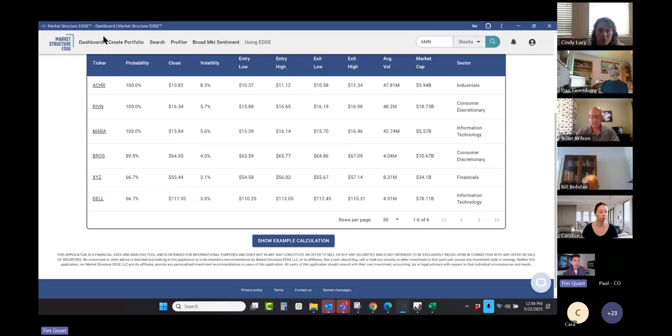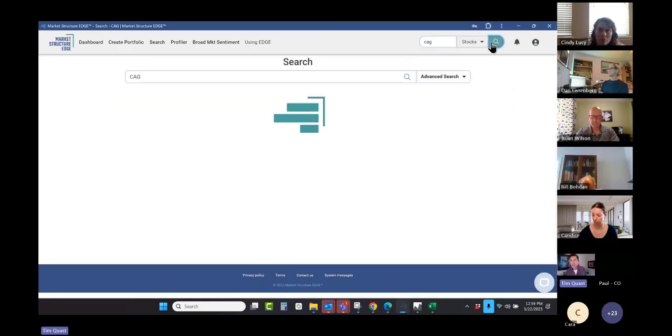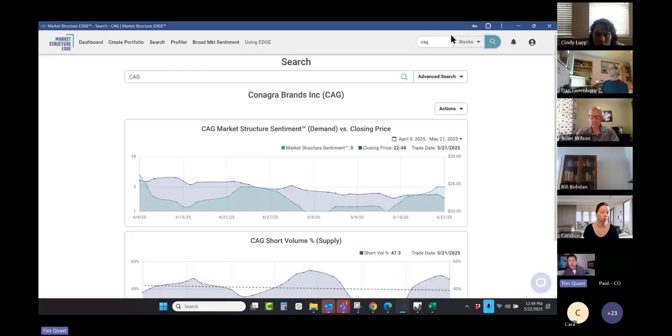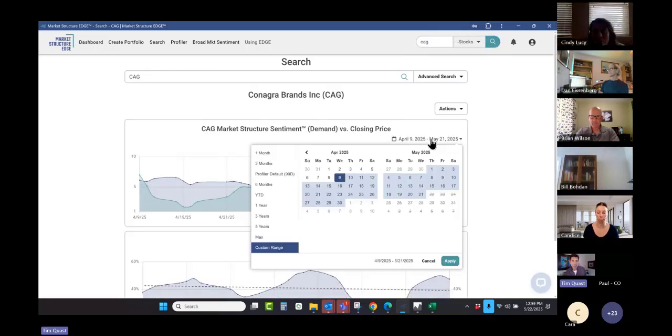Then I want to show you this. It's an example, speaking of mechanics of the marketplace. So this came up in a conversation with the company, with ConAgra. It's difficult, but here's something really interesting.